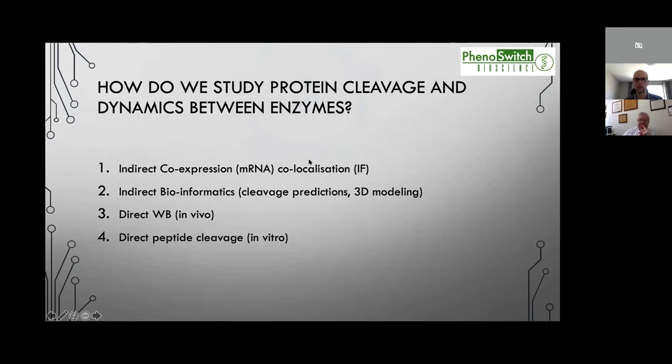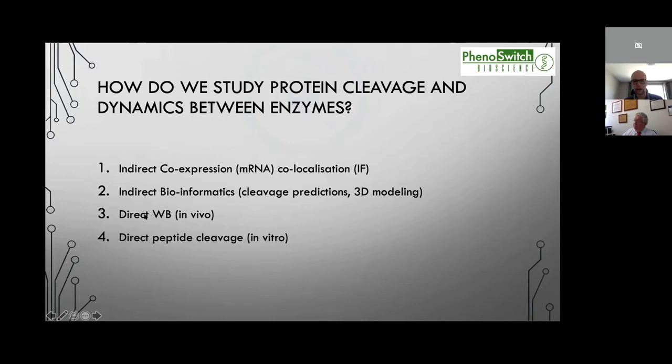There's also people doing indirect analysis for colocalization using immunofluorescence. There's also other indirect bioinformatics approaches where you use cleavage prediction models that are not always accurate, and also 3D modeling where you look at this hinge and see if it can enter the binding pocket of an enzyme.